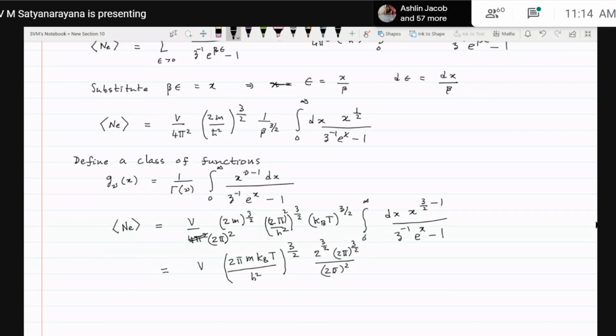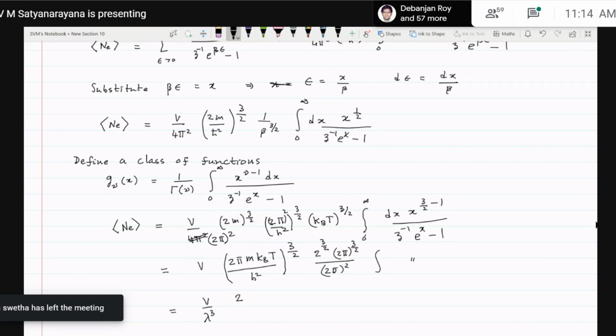Okay, so that means into this integral, so let me not write it. So this is equal to, but what is this one? This is V divided by lambda cube. This is the thermal de Broglie wavelength. So V divided by lambda cube, and 2 power 3 by 2, 2 power 3 by 2, that is 2 power 3, and then I have 2 square, that means there is 2 there, and pi power 3 by 2 by pi square.